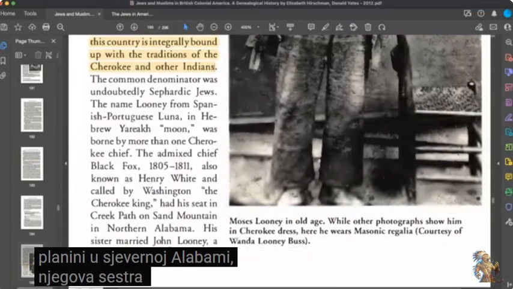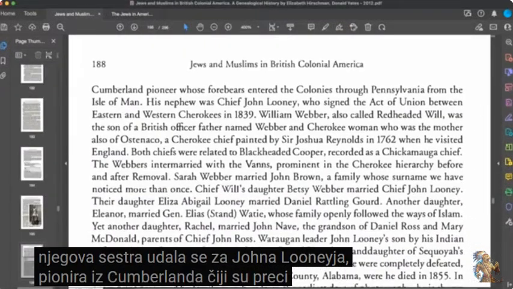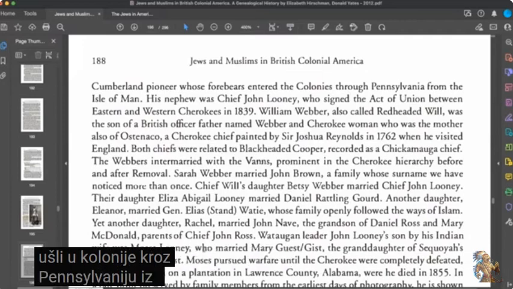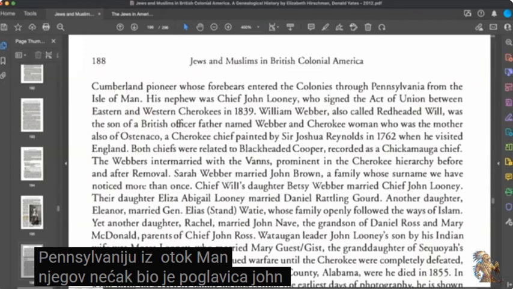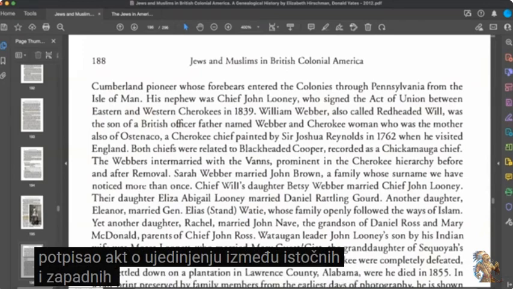His sister married John Looney, a Cumberland pioneer whose forebears entered the colonies through Pennsylvania from the Isle of Man. His nephew was Chief John Looney, who signed the Act of Union between Eastern and Western Cherokees in 1839.